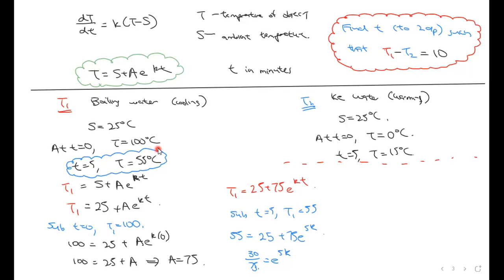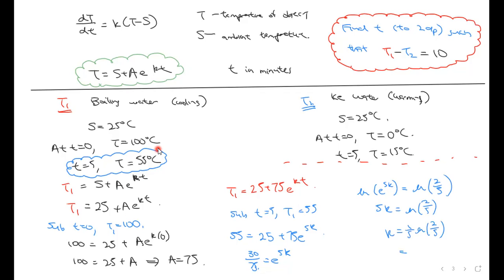So log of e to the 5k must equal log of 30 over 75, which, by the way, is going to be 6 over 15, or if you like, it's actually going to be 2 over 5. Right, 6 over 15 is 2 over 5. Log of e to the 5k is just 5k. So k for T1 is just going to be 1/5 log 2 over 5.